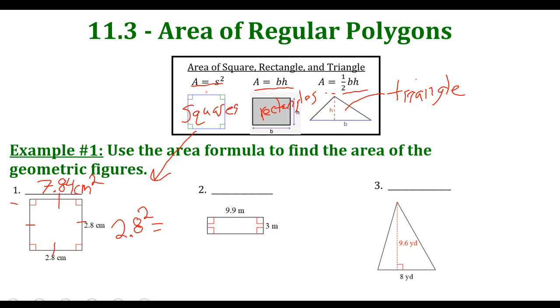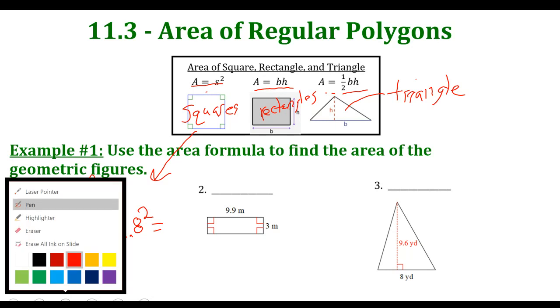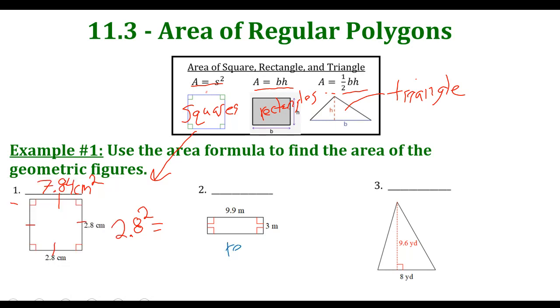Seen that, right? This would be a rectangle. There's a second one here. So I'm going to use this formula right here, base times height. So the base, 9.9. If you said 3, that's also fine. Doesn't really matter for this in particular. 9.9 times 3. There we go.